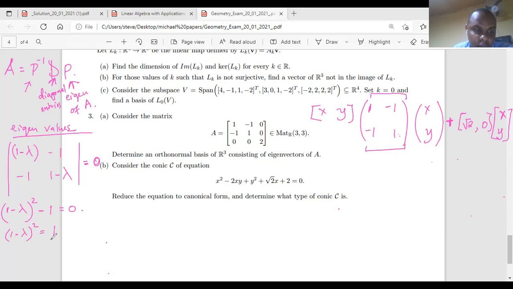So 1 minus lambda should equal 1 or minus 1. Therefore, lambda should be 0 or 2.